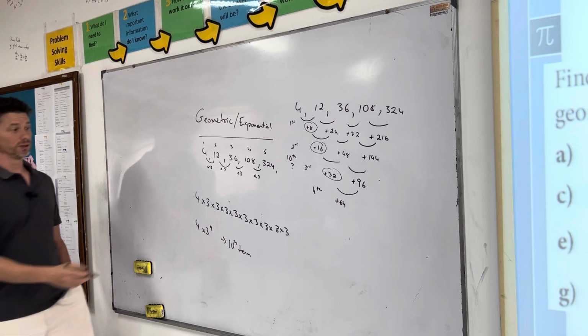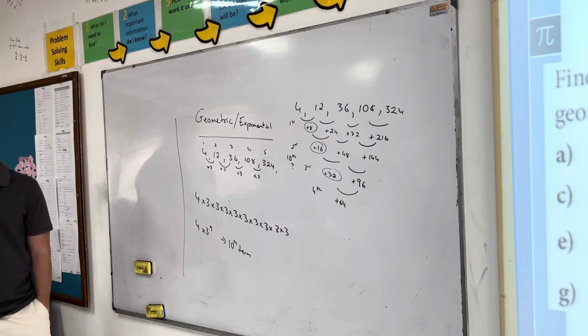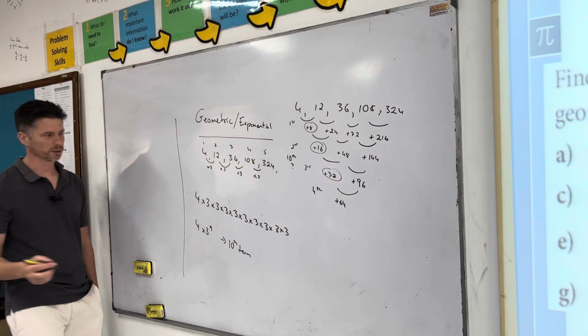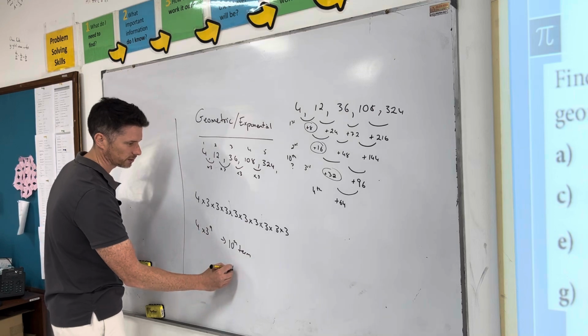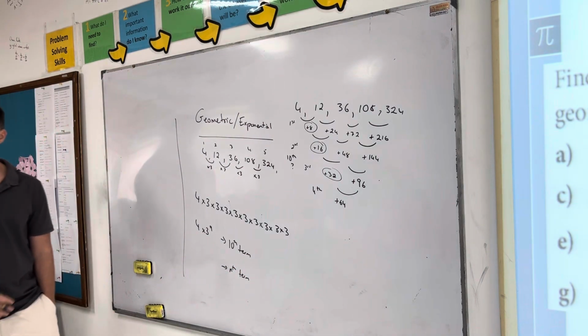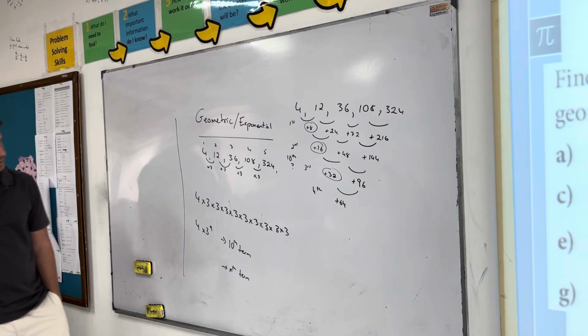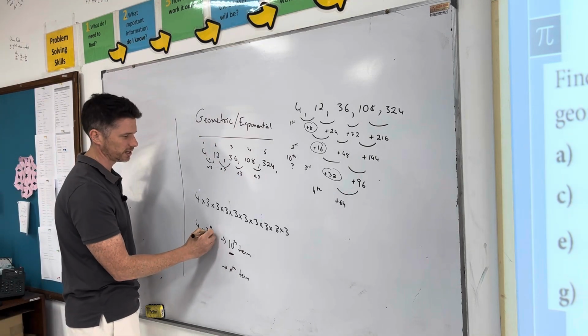Now, in general, how would I get the formula? If I didn't want to find the 10th term, I wanted to find the nth term of this sequence. So any term. What's the relationship between 10 here and this 9 here?